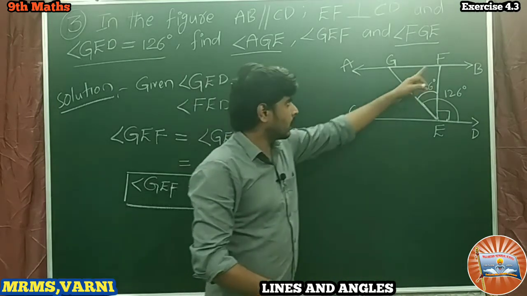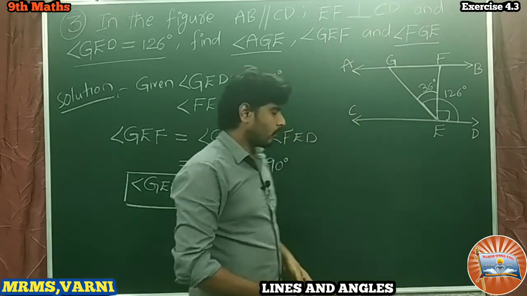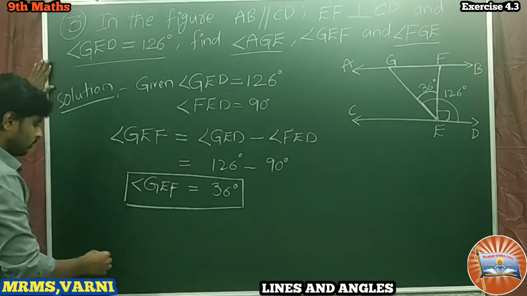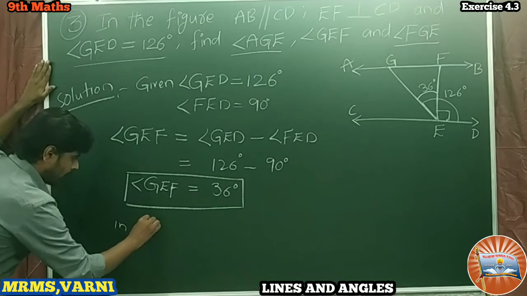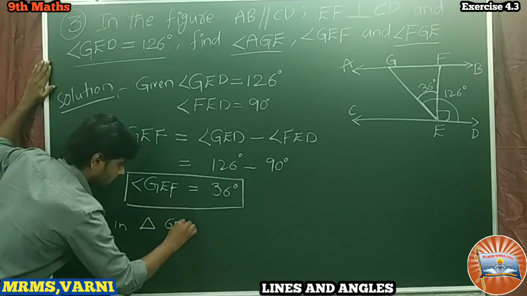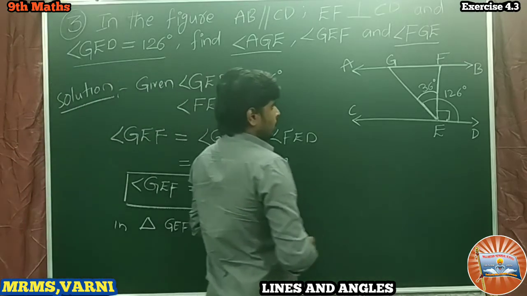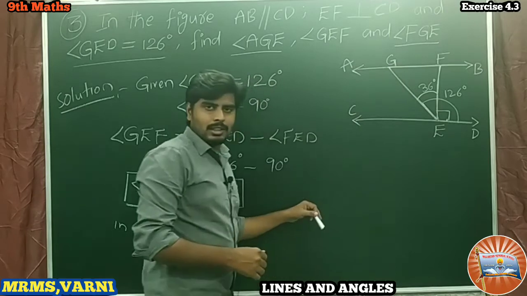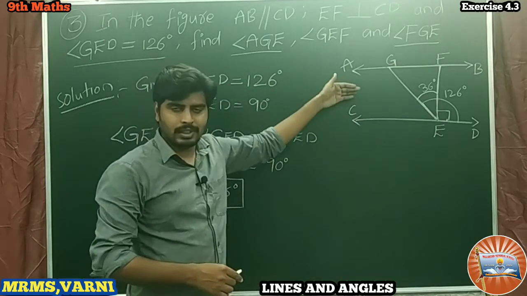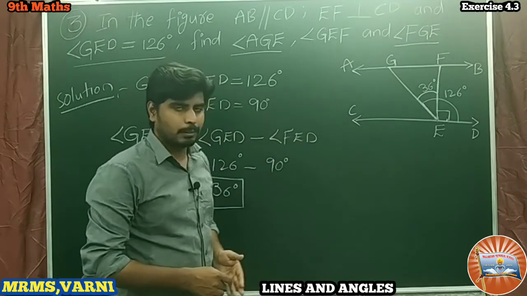So write down here: in triangle GEF, the sum of the three interior angles of a triangle is equal to 180 degrees. Already we have that statement.